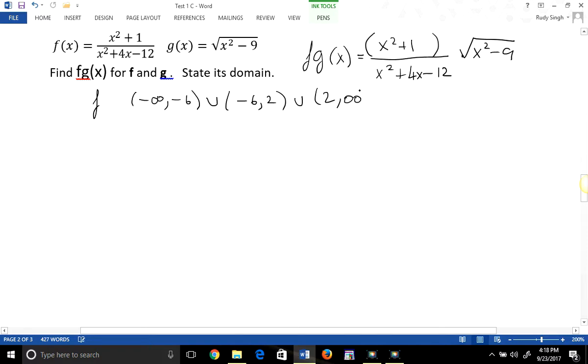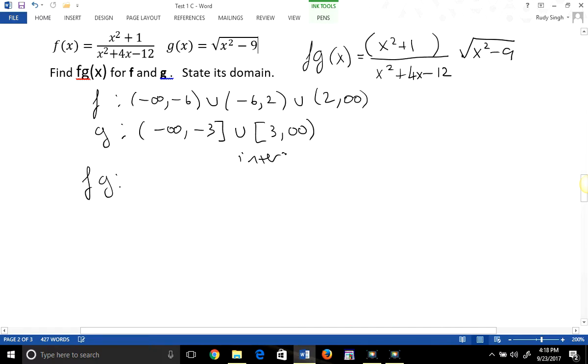And g's domain was negative infinity to negative 3 with a bracket, union 3 to infinity. So if you're having fg now, the domain of that function is the intersection of these two domains. And what that means is what they have in common. What do they have in common?